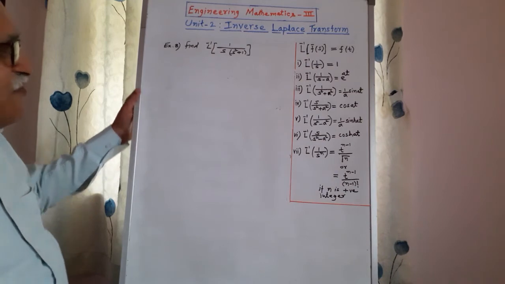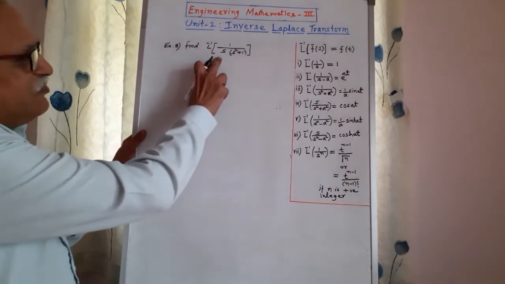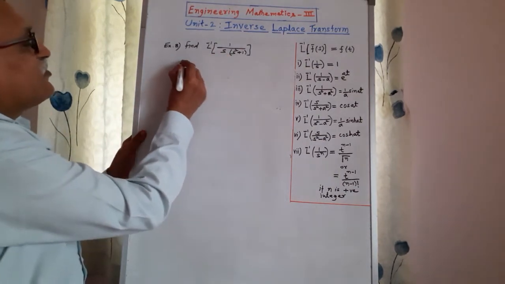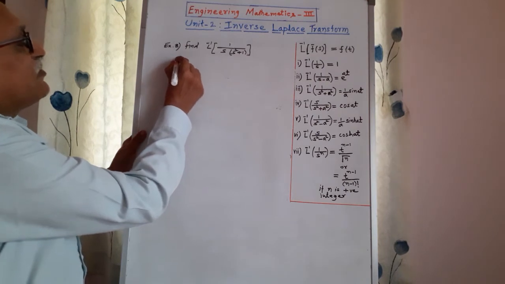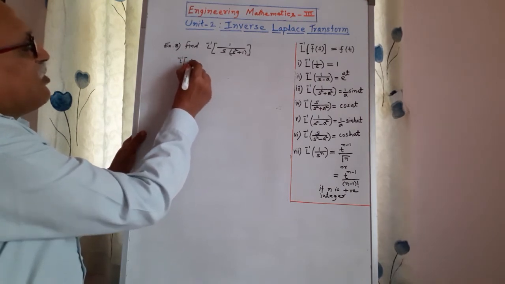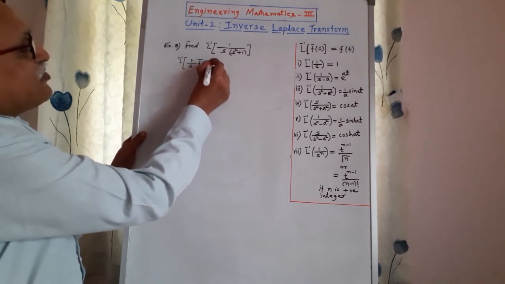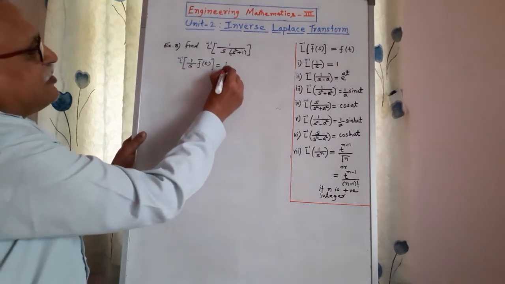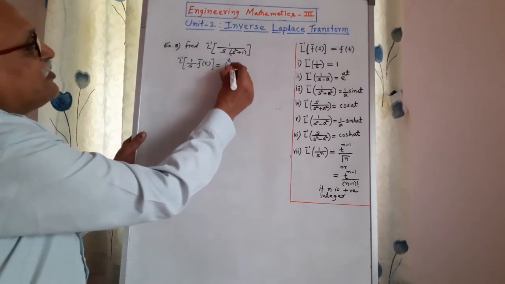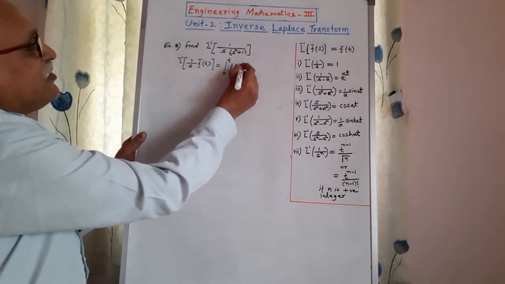Okay, and therefore we use that theorem. We know that inverse of 1 by s into f bar of s is integral from 0 to t f of t dt.